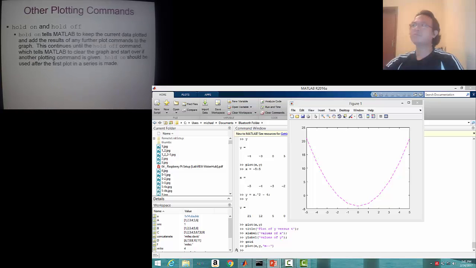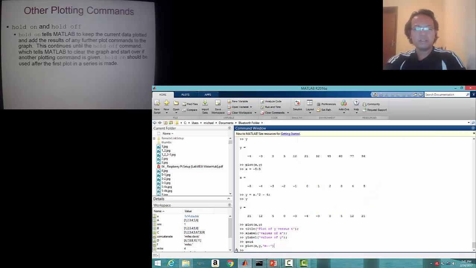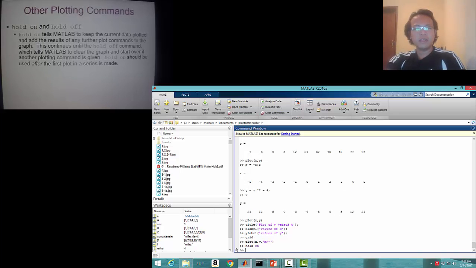So, example, keeps the current data plotted and adds the results of any further plot commands to the graph. So, I will show you. Let's say hold on. Okay, and then let's say z is equal to x dot cube plus 3x squared, for example, minus 3.